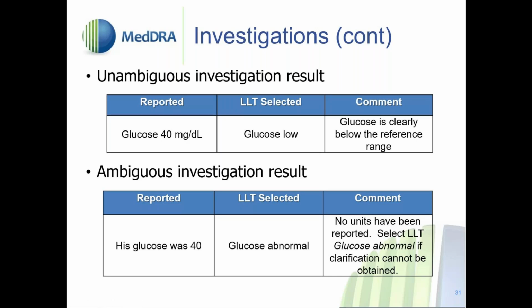Well, in this case, the reporter did not specify the unit, and that could be an issue because some centers have their glucose in millimoles per liter, and in millimoles per liter, this is really high. So you don't really know. Are they telling you the glucose was high in millimoles per liter, or was it low in milligrams per deciliter? So again, it's ambiguous. You can't make an assumption.